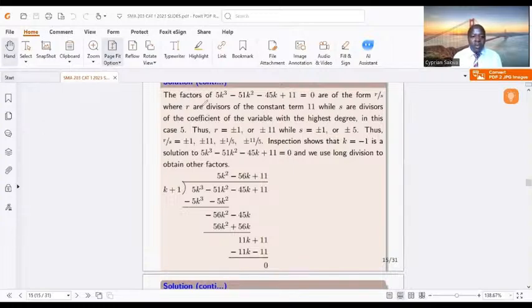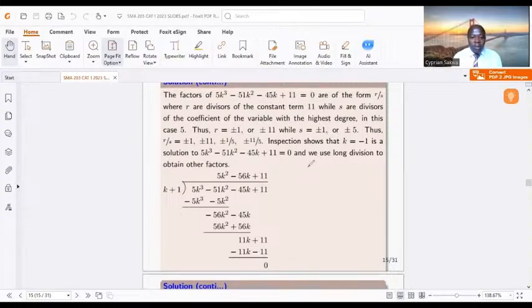Because when you put -1 in this equation, you would get -5, -51, plus 45, plus 11. And this is supposed to give us 0, because this would be 56 and this is -56. So that gives us 0.